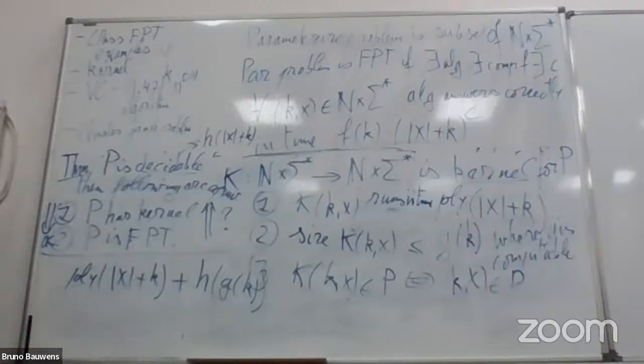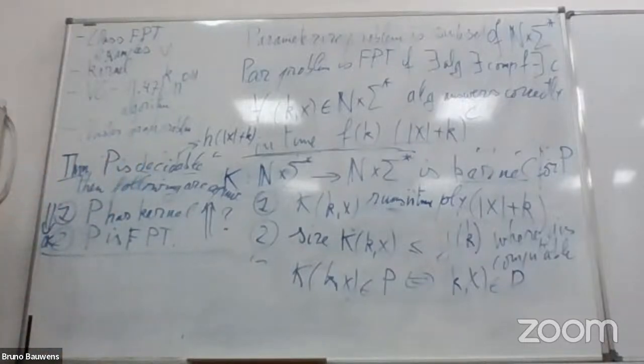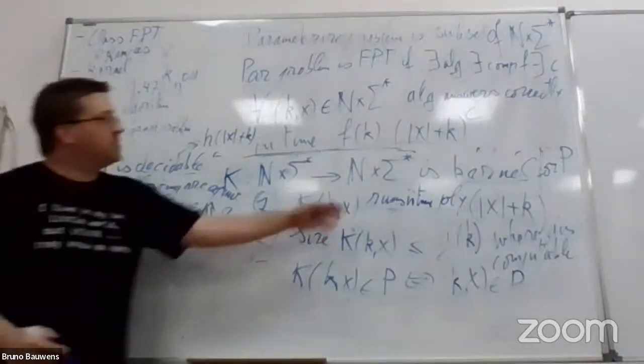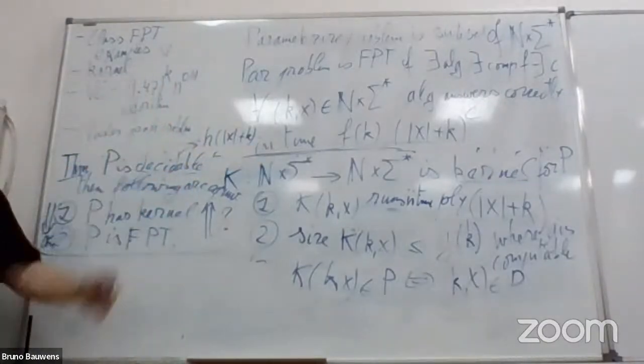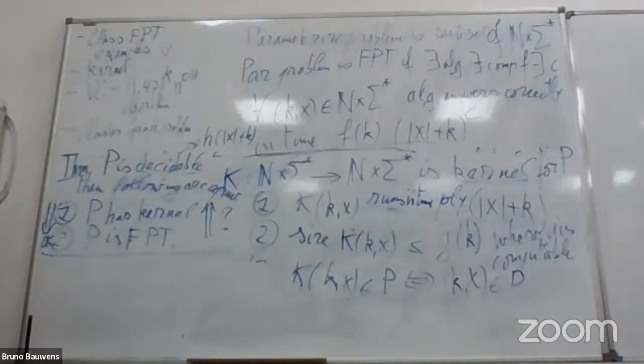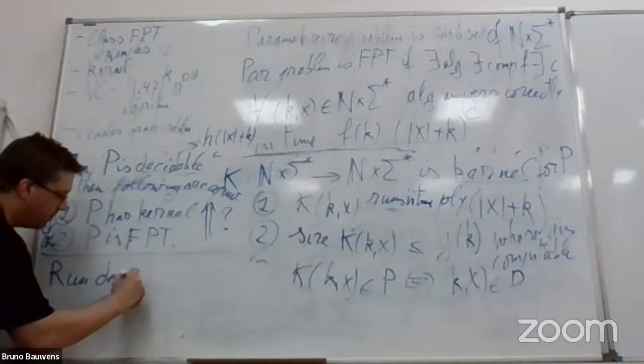So what is the algorithm for the kernel? Here we have some c, and we have a decision procedure. We run it for size to the power c plus 1 steps and check whether our algorithm halts.